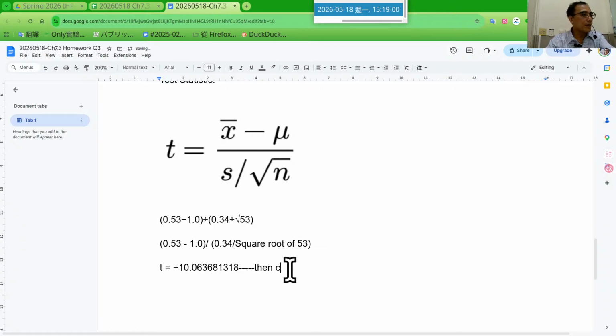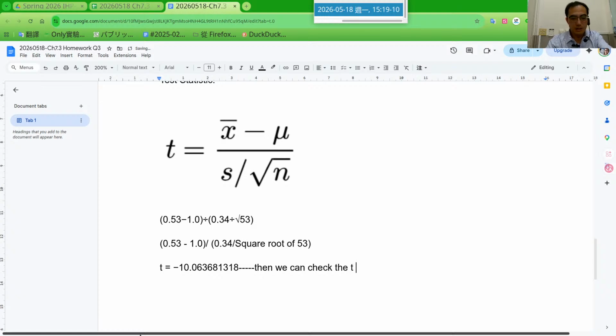Then we can check the T distribution table.